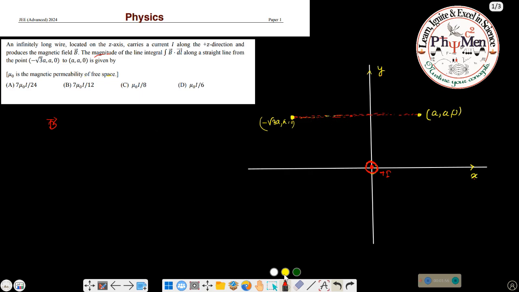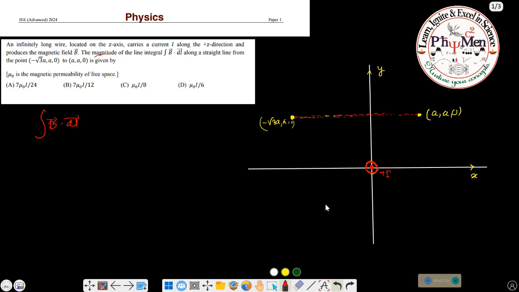B dot dl means the line integral of the magnetic field along this line connecting minus root 3 a comma 0 and a comma 0.